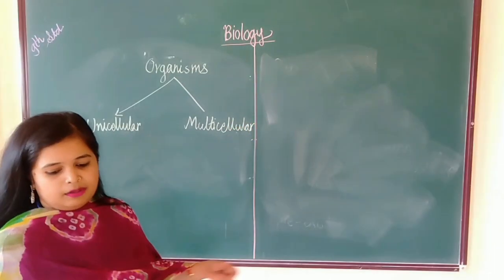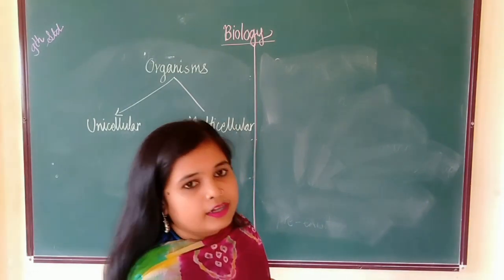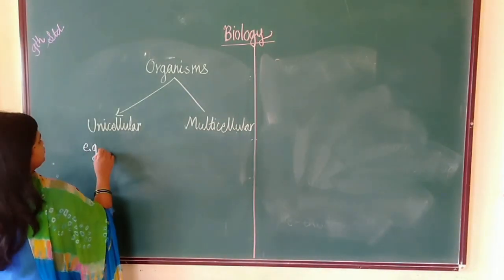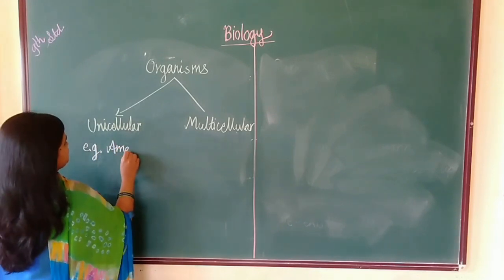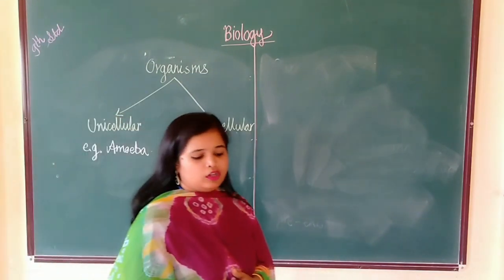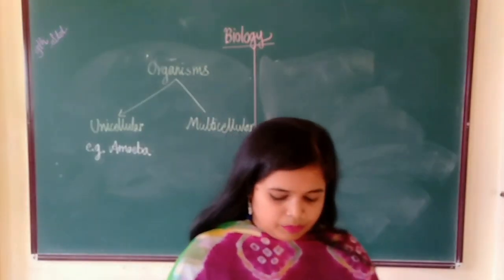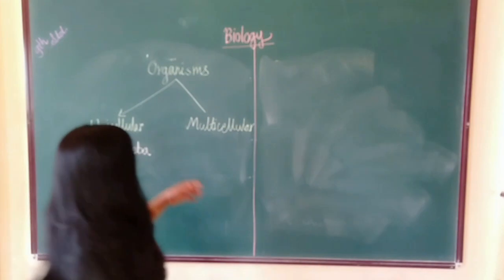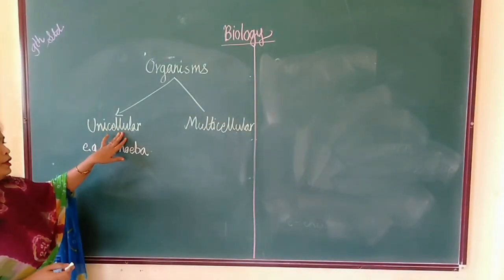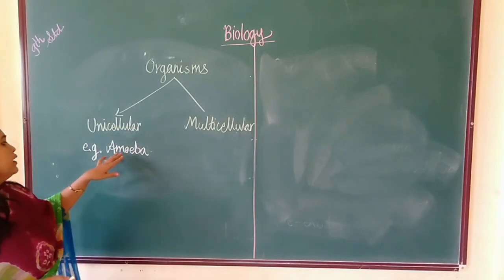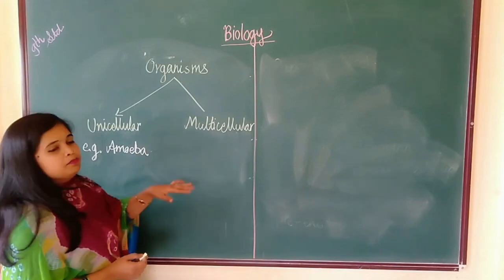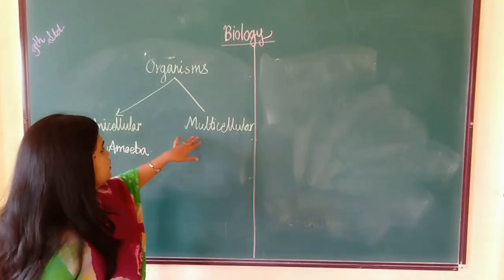Some examples of unicellular organisms are amoeba, paramecium, euglena, chlamydomonas, bacteria, etc. See, uni means single. Unicellular means made up of a single cell.